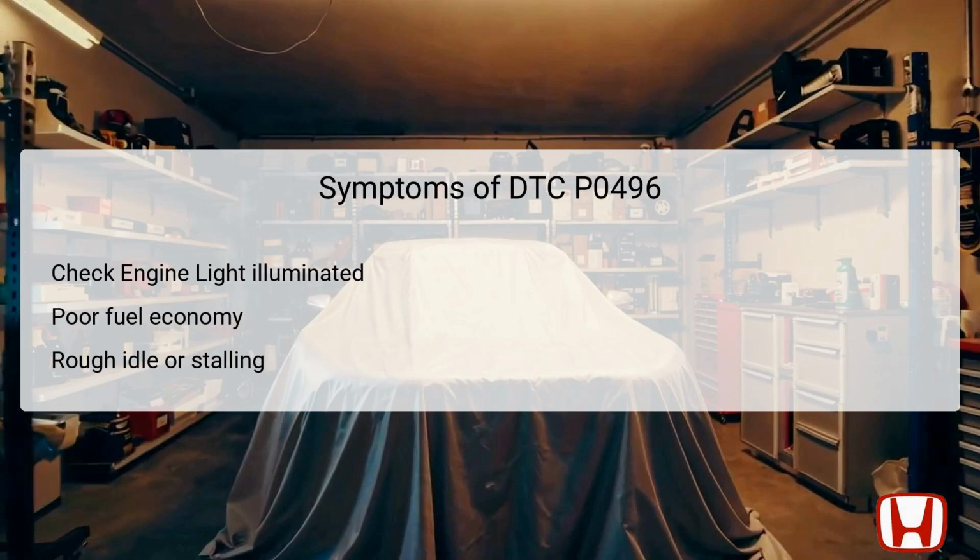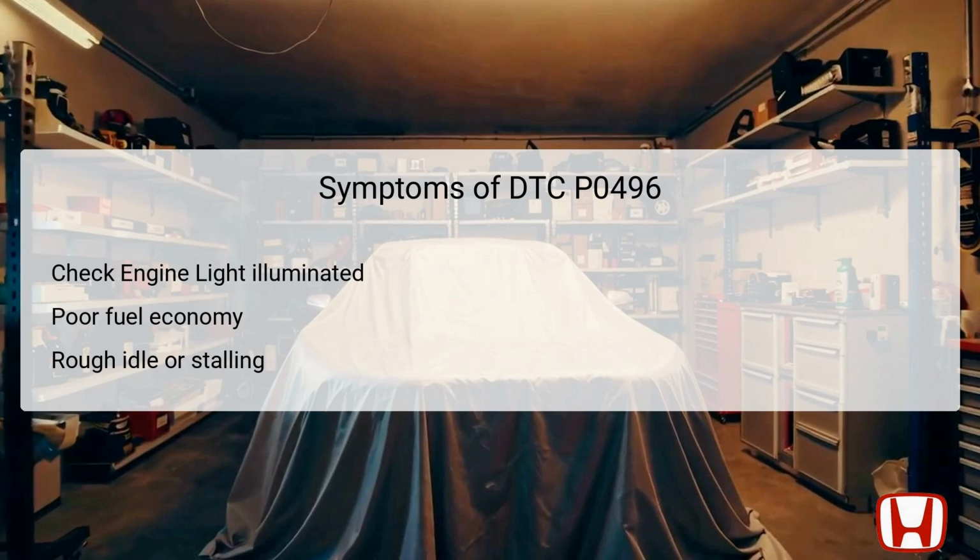When DTC P0496 is present, one of the most immediate symptoms the driver may notice is the illumination of the check engine light on the dashboard. This light is a warning signal indicating a fault within the vehicle's emission system. Additionally, drivers may experience poor fuel economy, as the engine could be overcompensating for incorrect fuel vapor flow, leading to a less efficient fuel-to-air mixture.